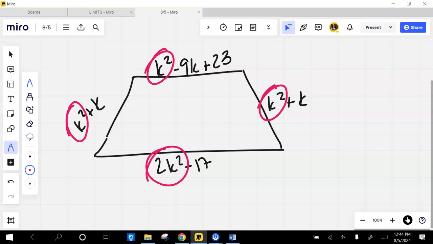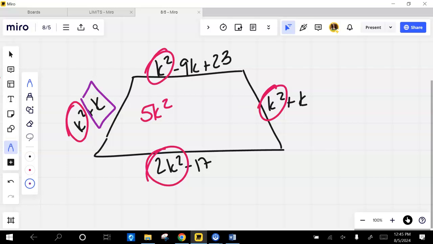k squared, k squared, k squared, k squared, and 2k squared. What does that give me? 5. Does everybody see that? 1, 2, 3, 4, 5. Everybody okay there? 5k squared. How many k's do I have? Well, let's see. 1. How about up top?